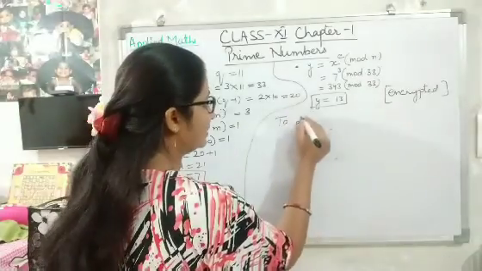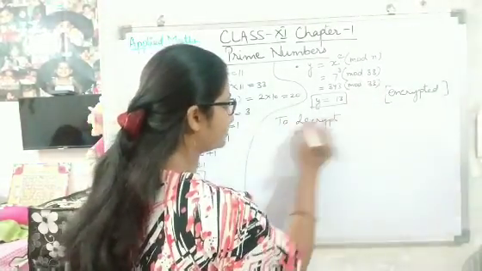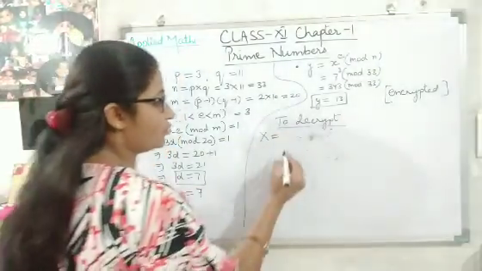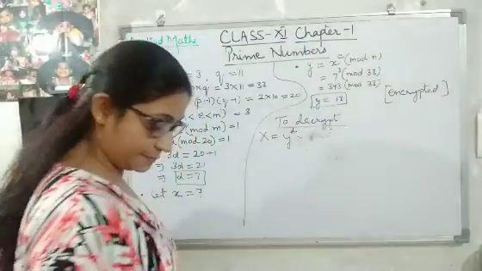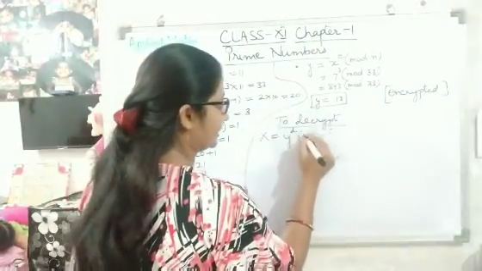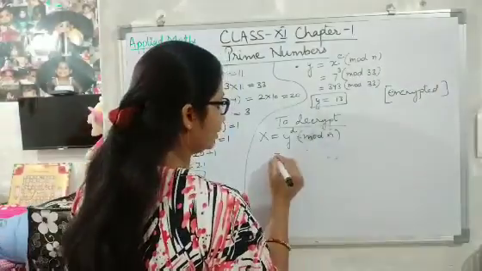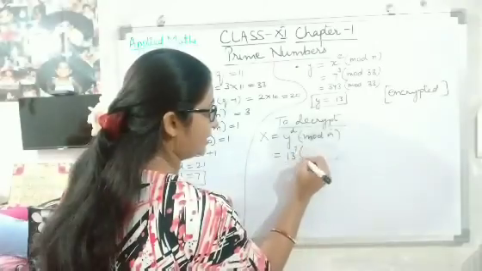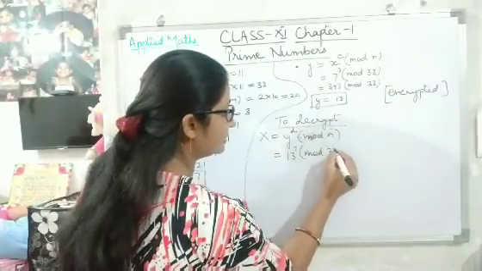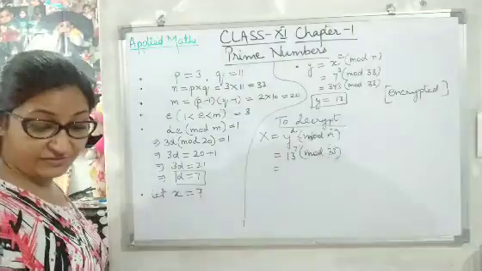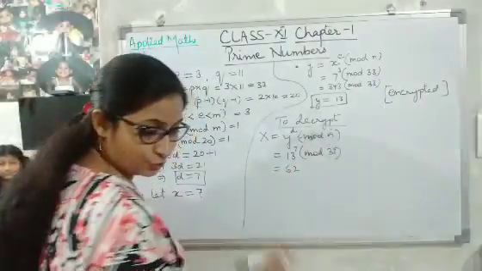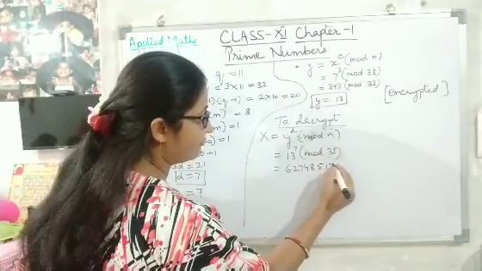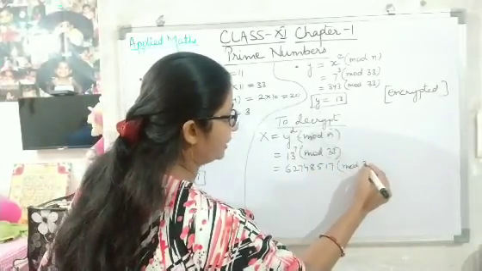सो टू डीक्रिप्ट क्या करते हैं, कैपिटल X लेते हैं. सो कैपिटल X वॉज इक्वल्स टू योर Y रेज टू द पावर D मॉड N. तो अब करते हैं, Y की वैल्यू है 13, D was 7 and mod 33. तो जब आप 13 की पावर 7 करेंगे तो ये वैल्यू आती है बेटा 62748517 and mod 33.